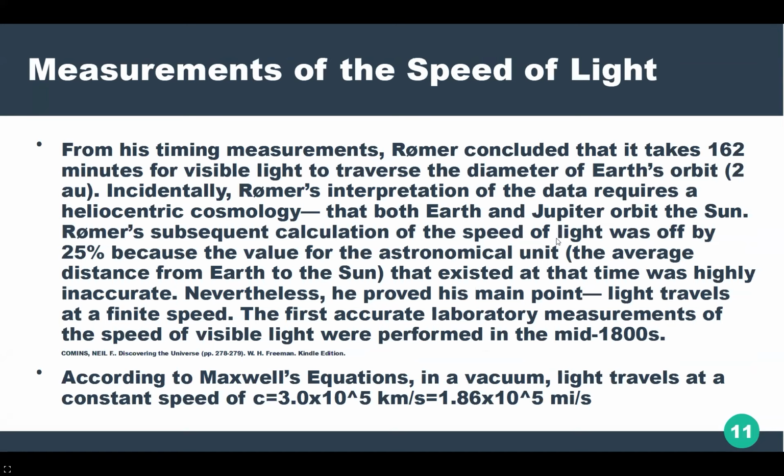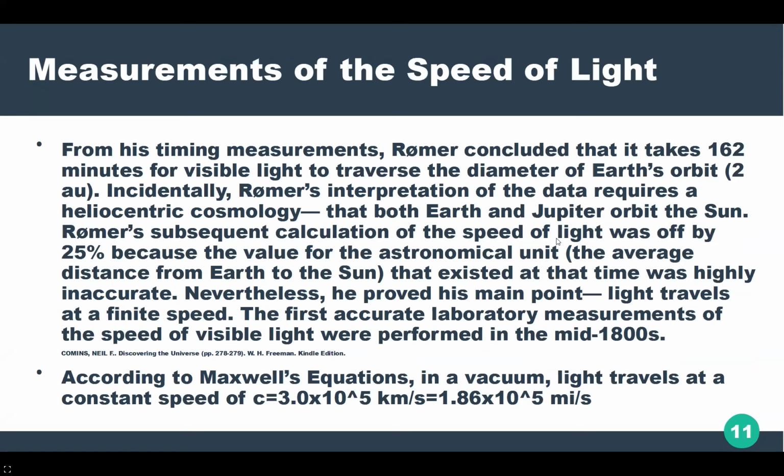From his timing measurements, Romer concluded that it takes 22 minutes for visible light to traverse the diameter of Earth's orbit, 2 astronomical units, or AU.